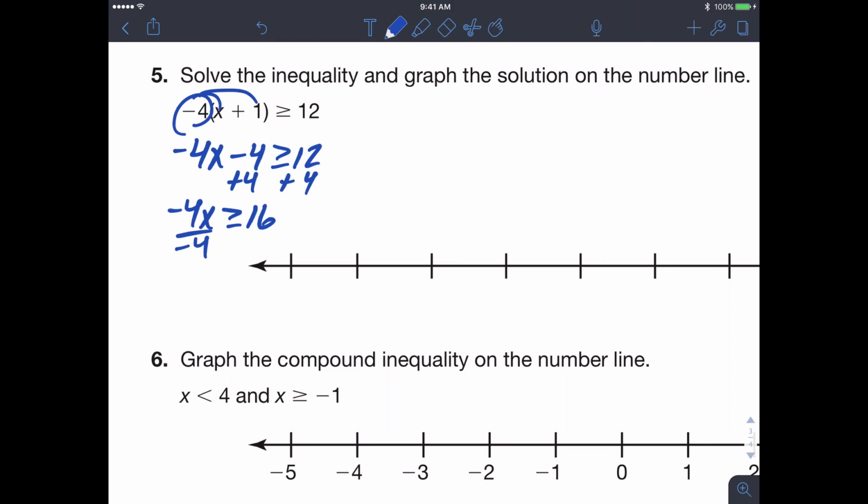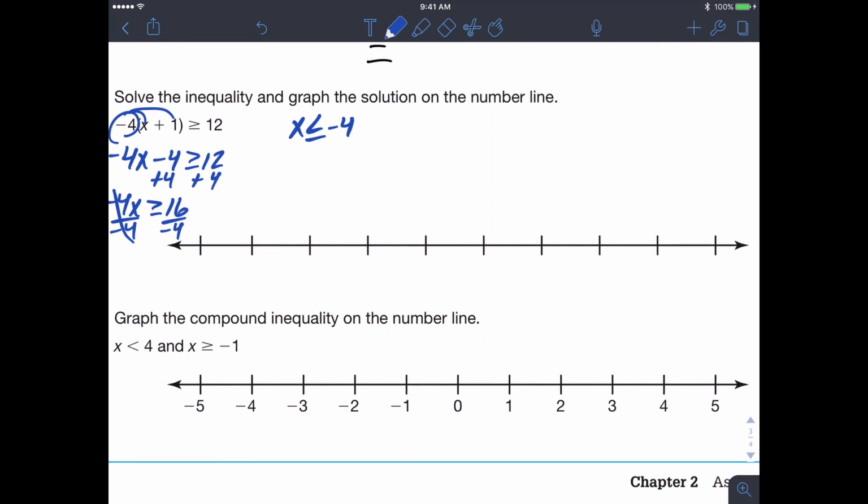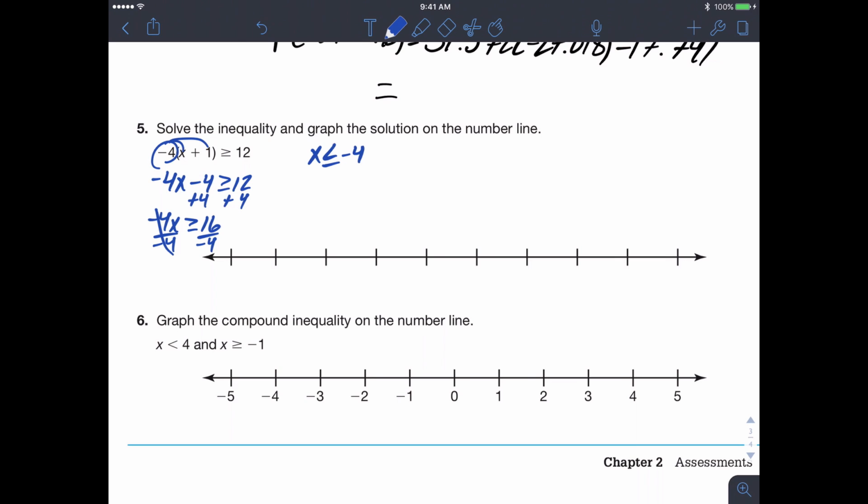Divide by negative 4. Divide by negative 4. And when you divide by a negative, what do you do to the sign? Flip it. So x, flip, is less than or equal to negative 4. All right, so when we graph it, you don't have to put all the numbers. Just put 0, 1, 2, 3, 4.